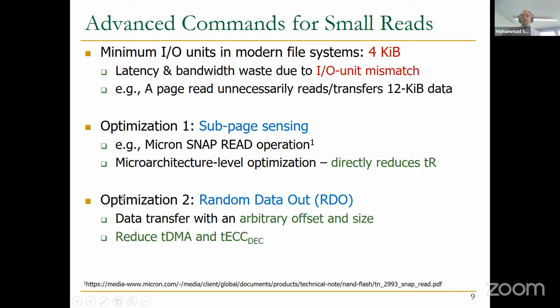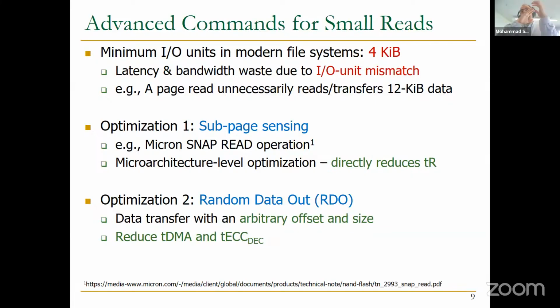Another one is random data out, RDO, which is data transfer with an arbitrary offset and size. Imagine that you have your data after TR in your page buffer, but you don't really need the whole 16 kilobyte of the data that you have read. You want 6 kilobyte of that, for example.